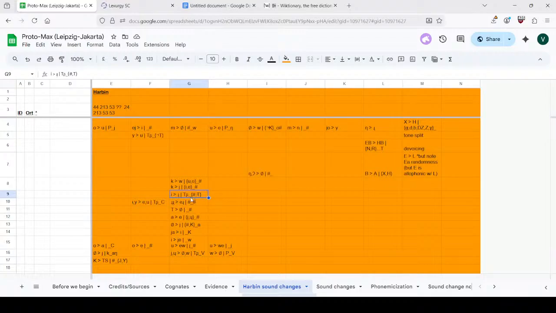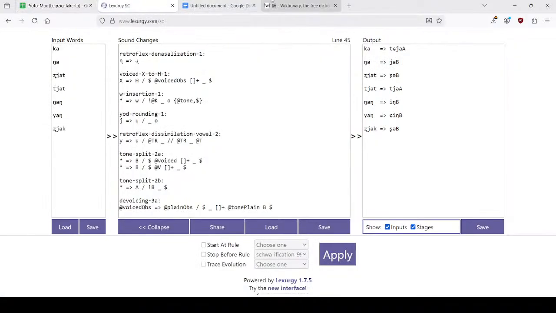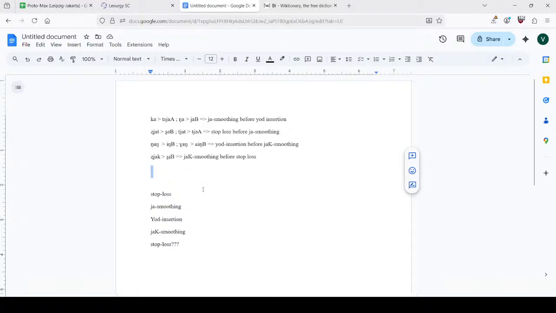Because we still need ya to E before it stops. But then it's telling us stop is lost before ya smooths. Yod is inserted before yak smooths.